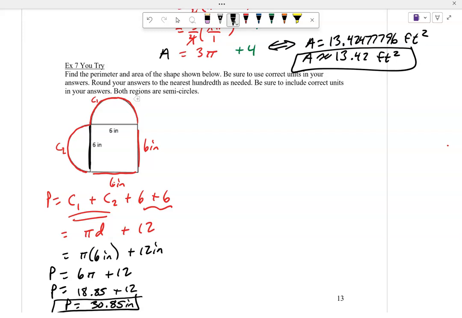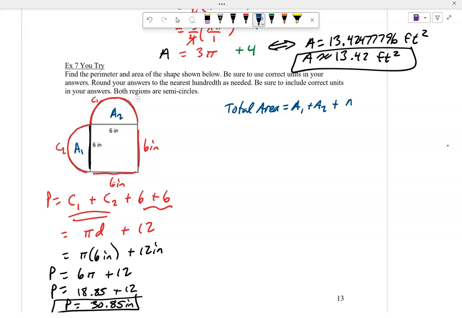Okay. Now let's talk about area for a second. Let me erase this, and I'll leave that. My area would be area 1 plus area 2. Those are both half circles, each half of a circle, so together they're going to be one full area.